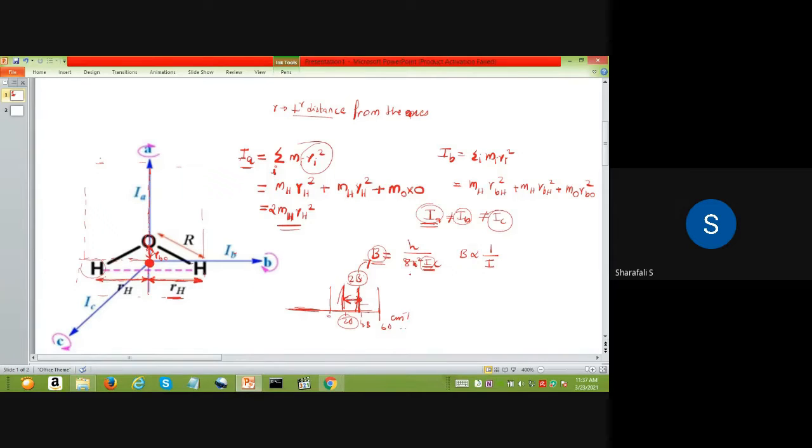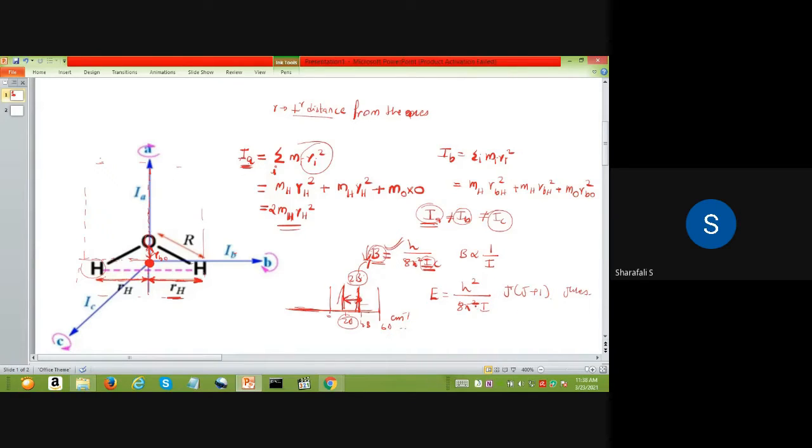Okay. So this B value is directly depending on your I. Different I will give different B value, and that I is coming from here. And why does it have a different value? Because if you have a larger moment of inertia, your B will be small. Or if you consider the energy equation also, we have h square by 8 pi square I into J into J plus 1, in joules.